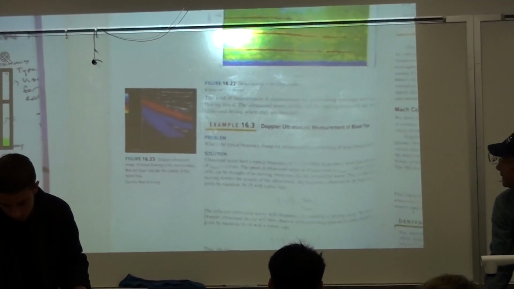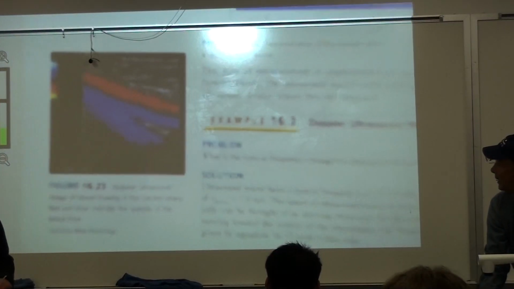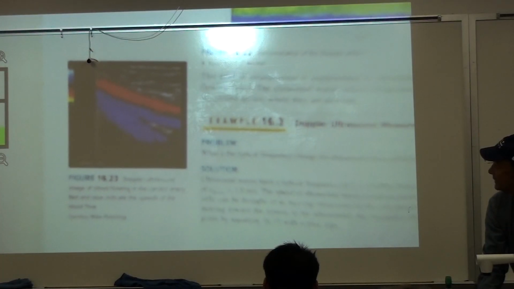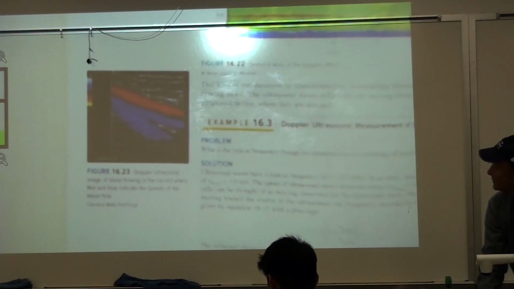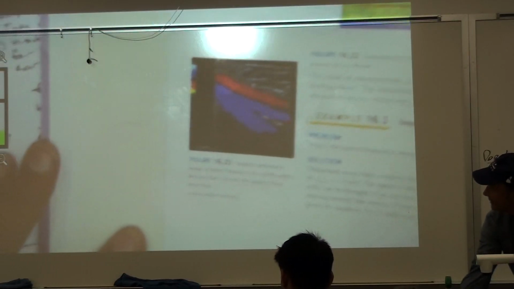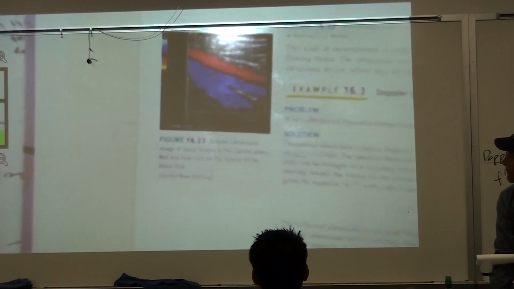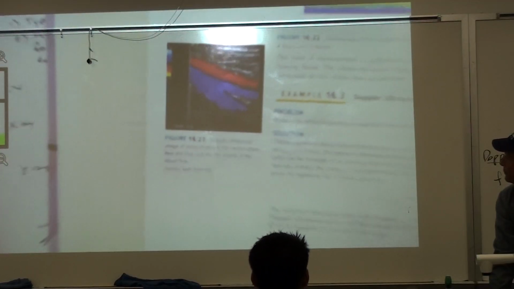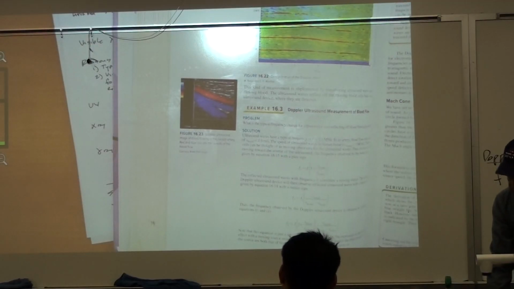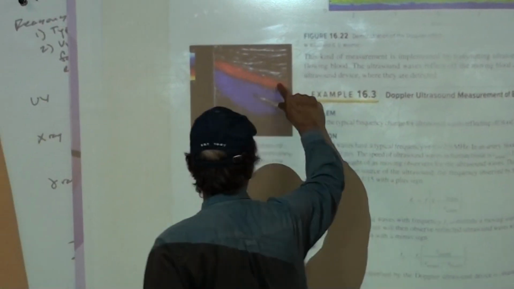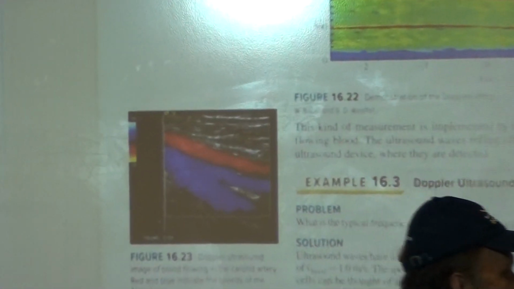Here is an ultrasound picture of blood flow. So there's a picture of blood flow that is coming from an ultrasound. And so let's say that the blood is moving.